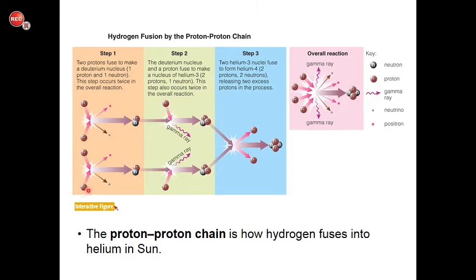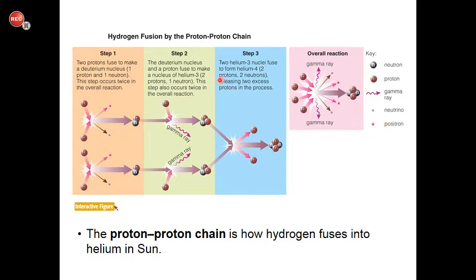This produces extra particles that come off, neutrinos and positrons, so that your electric charge is conserved, and those things just disappear. The positrons are annihilated by electrons in the sun, and the neutrinos don't interact with anything.